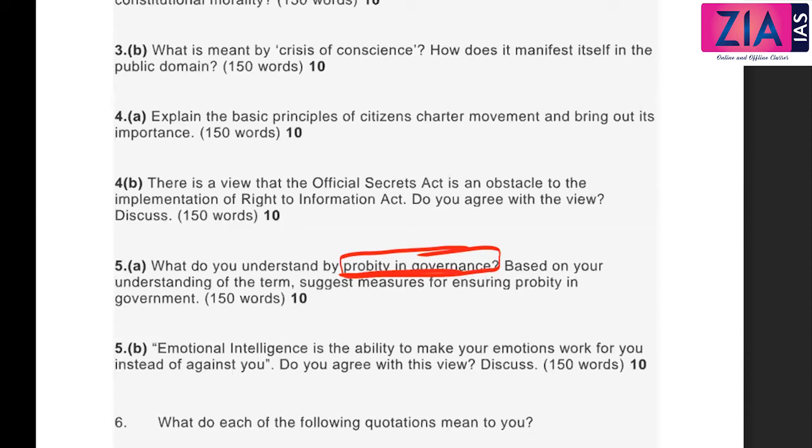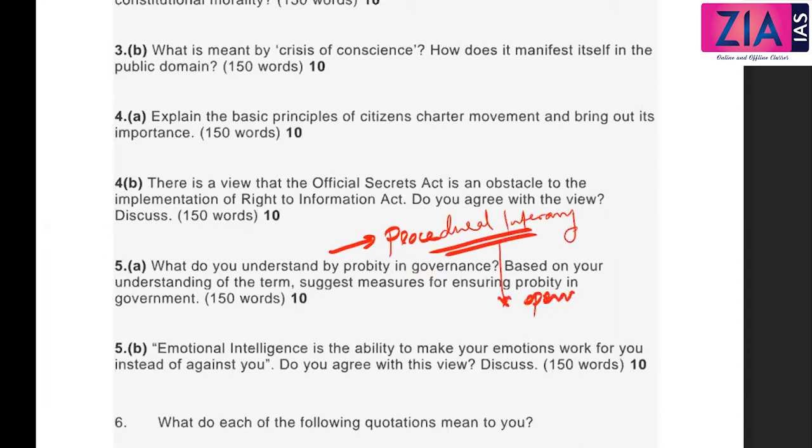Probity in governance? It is actually a foundational value of civil service, which deals with an extreme level of integrity at the level of governance, right? So here we are talking about procedural integrity in terms of transparency or openness, accountability, all these. When we talk about procedural integrity, it should be related to openness or transparency, accountability, etc., uprightness.